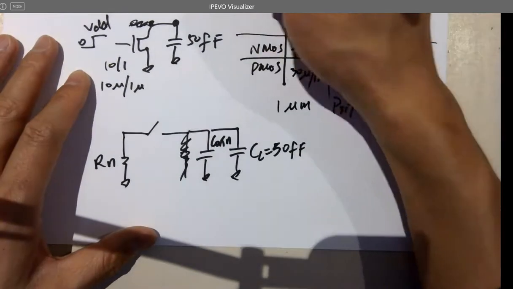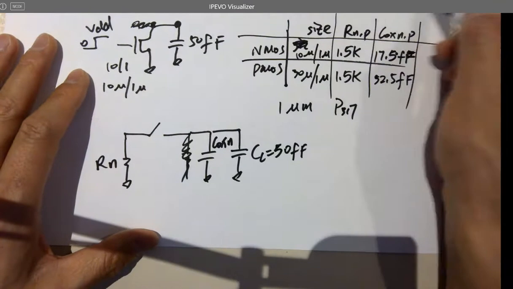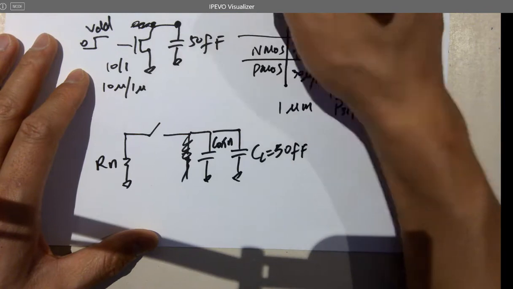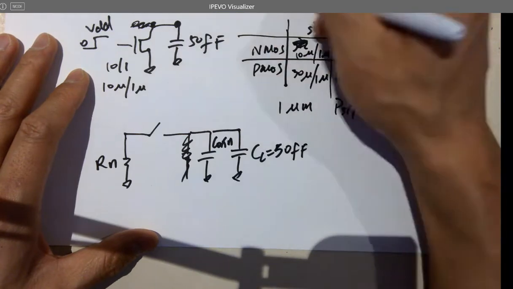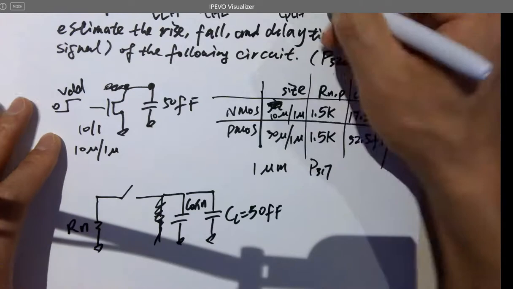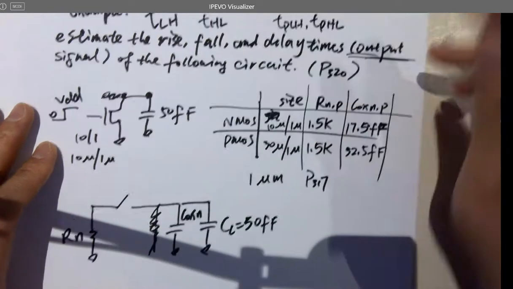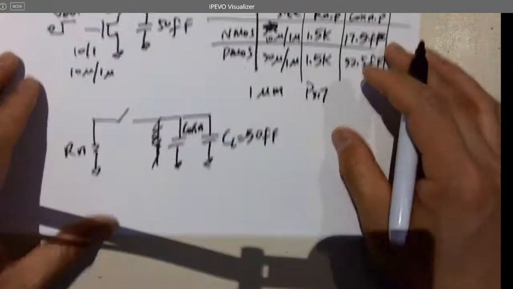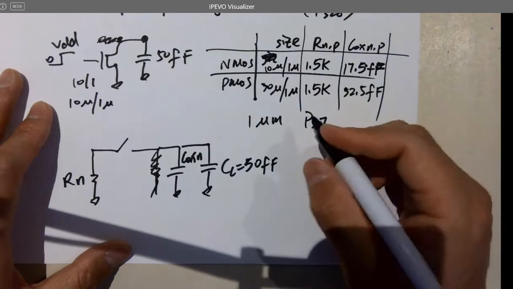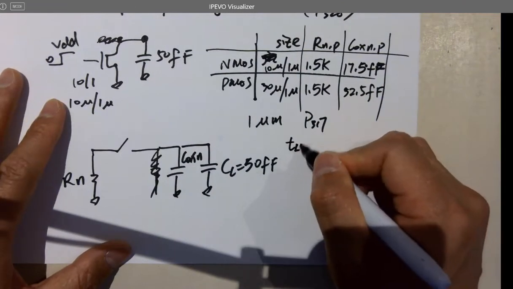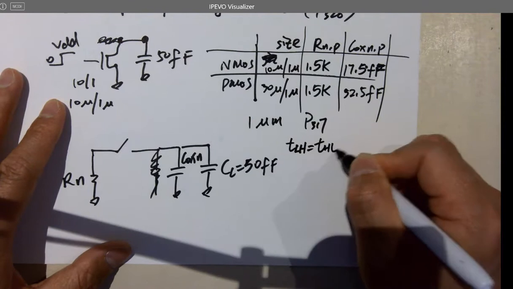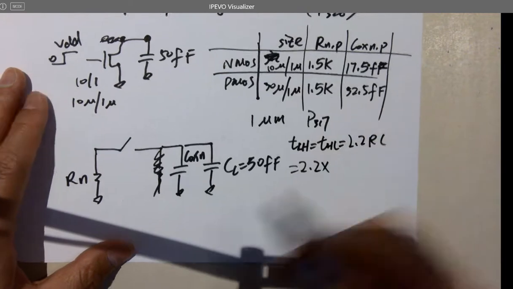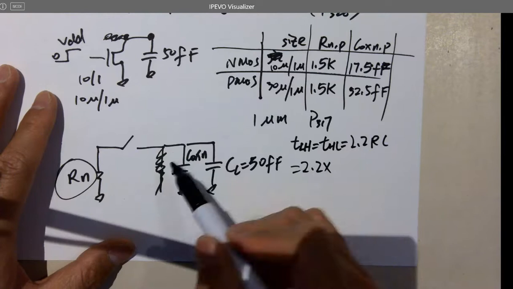So the rise and fall time at the output are actually the TLH and THL. And the delay times are the TPLH and TPHL. So as we have calculated, TLH equals THL, which is 2.2 RC, which is 2.2 times R and C. R is Rn, C is C total.